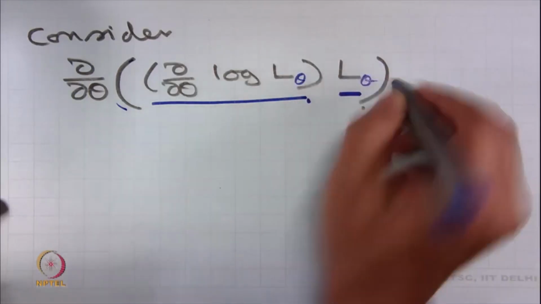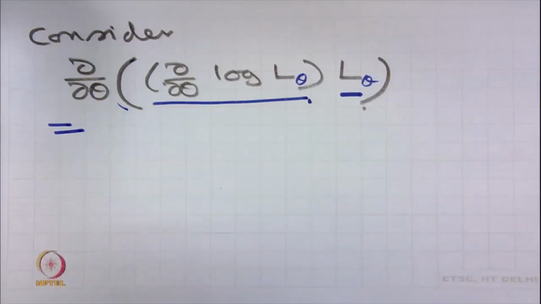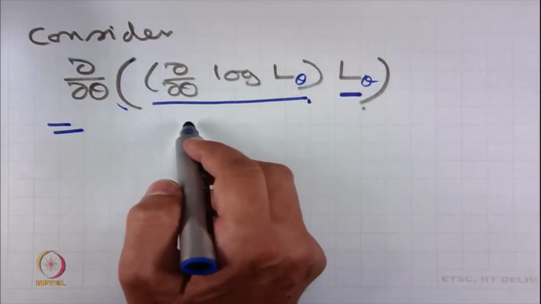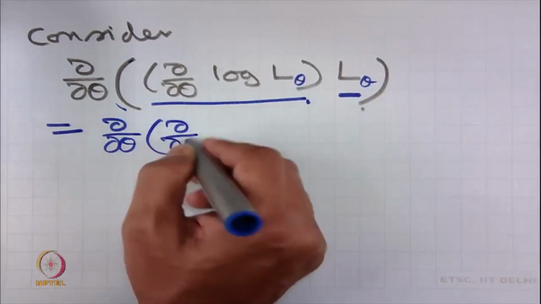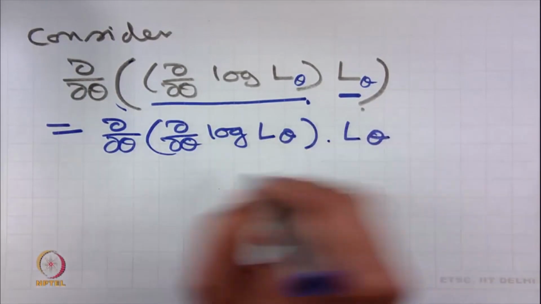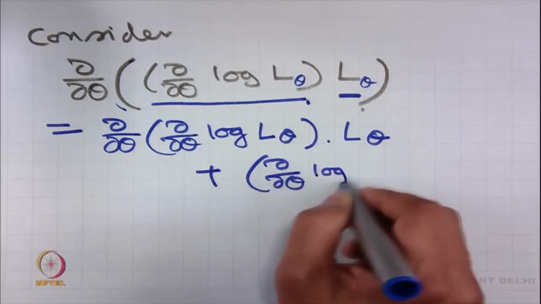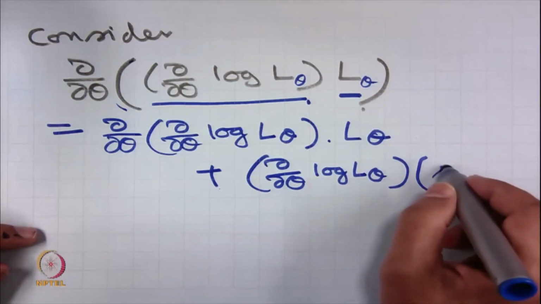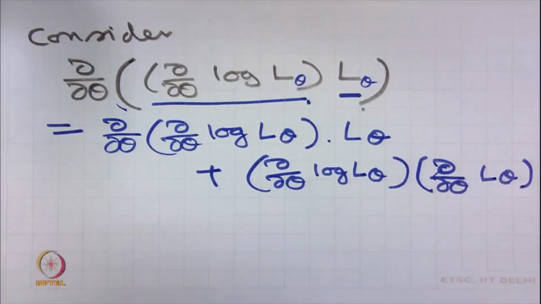We know that these are also dependent on theta. By rule of multiplication for derivatives, we can write it as del del theta of del del theta log L theta times L theta plus del del theta log L theta into... all right.